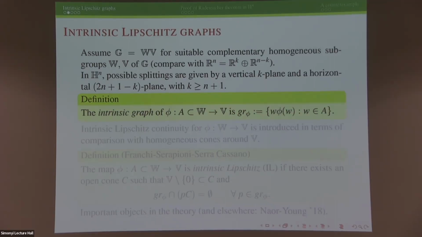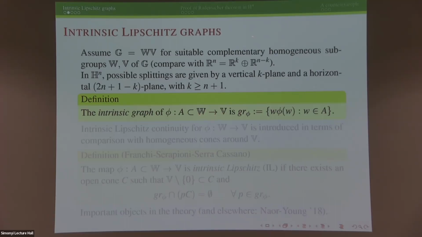Definition. Whenever we have a map phi from one of the subgroups W in the splitting, or a subset, to the other subgroup V, we define the graph of phi as the subset of points in the whole group that you can construct by multiplying an element in the domain W times the value of this function in V. So you are multiplying an element in W times an element in V, and this gives you the graph.